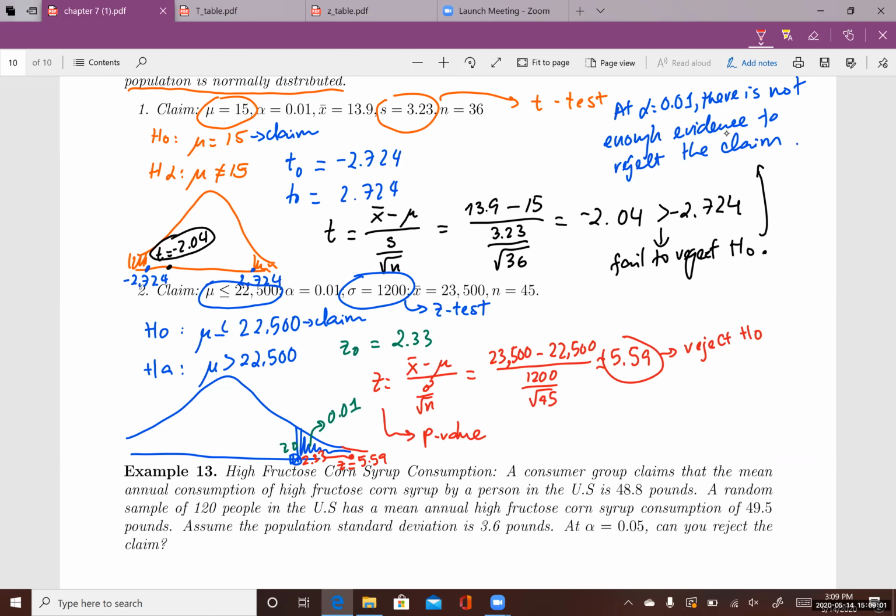According to the table, 5.59 is much greater than 3.49. Thus, the p-value should be 0. The p-value, almost 0, is less than alpha. So your decision is to reject the null hypothesis. And the null hypothesis is the claim, so you reject the claim.